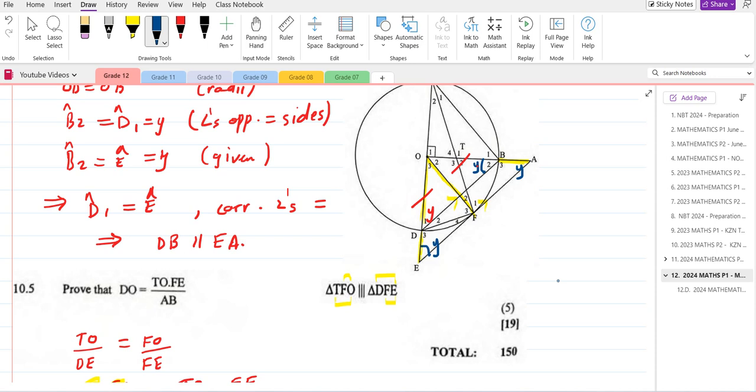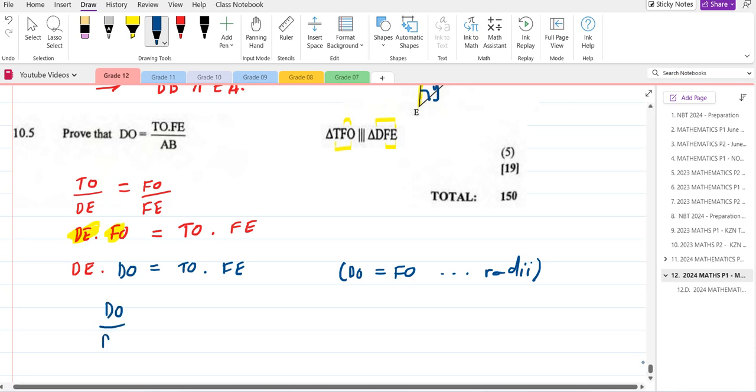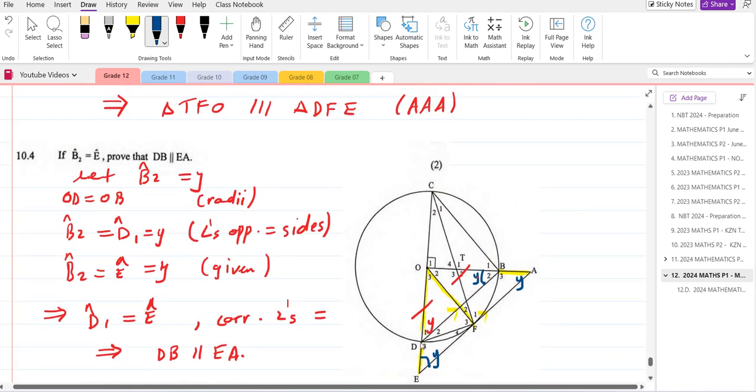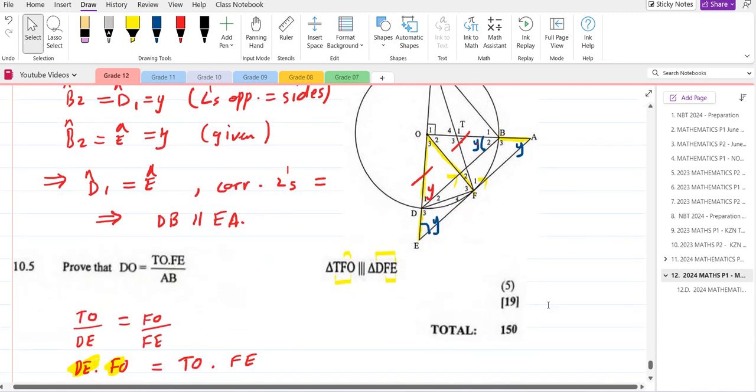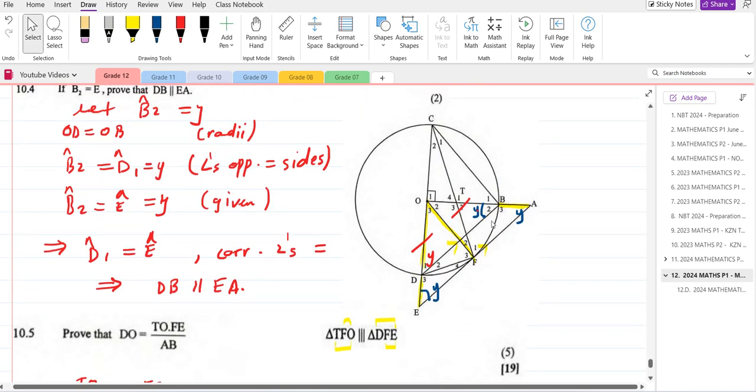Unless, no, let's use this. Remember, we just proved parallel lines, so we can use similarity. We can say DO over DE is equal to OB over AB.